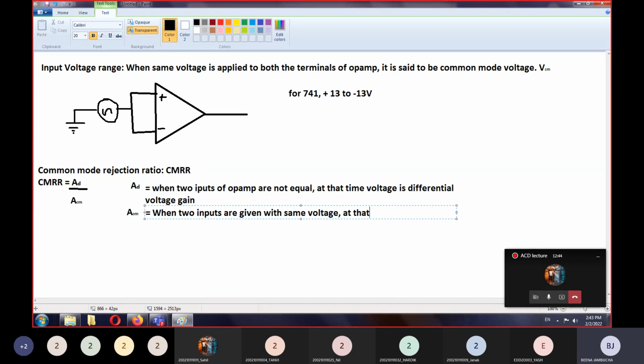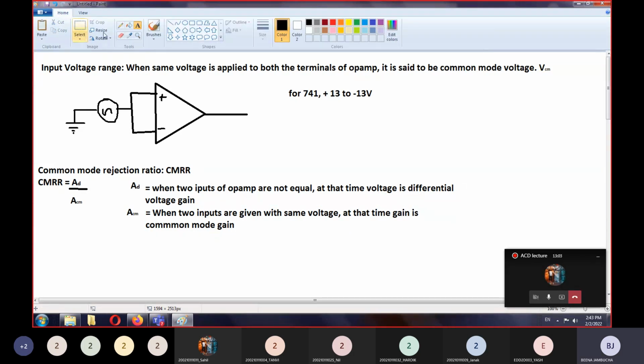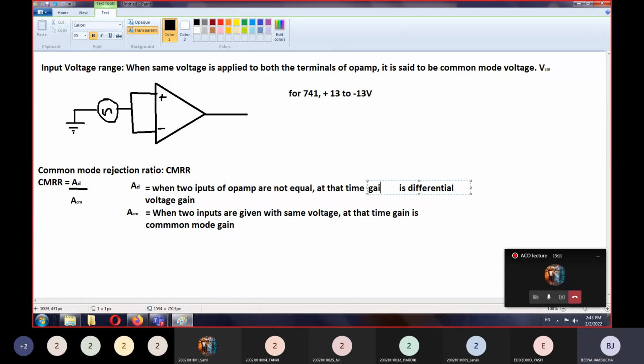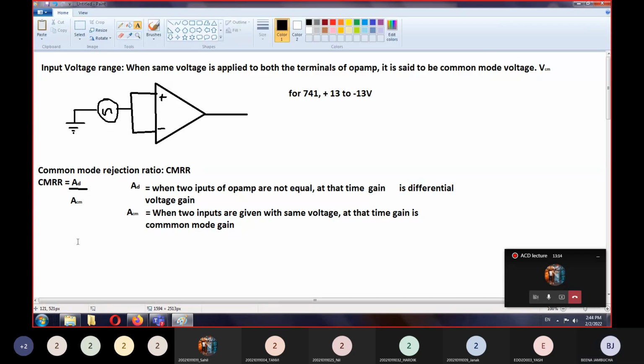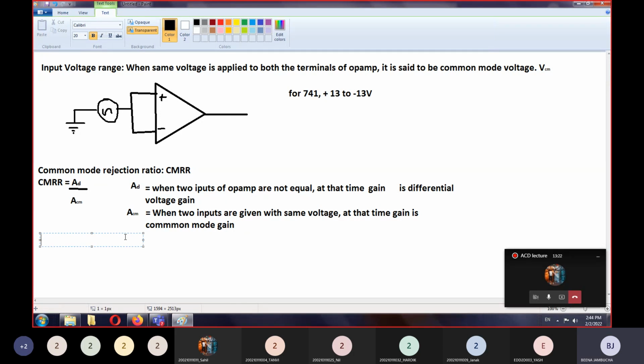At that time it is the common mode gain. It is not the voltage, it is actually the gain. So it is known as common mode gain.